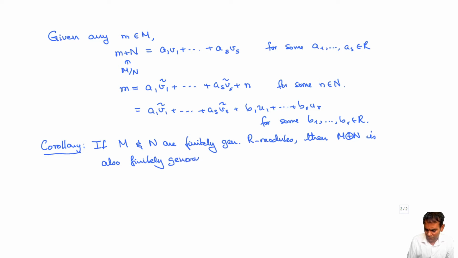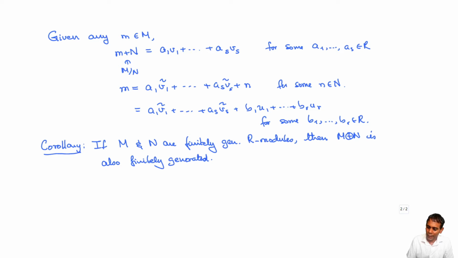Of course, this may be much easier to prove directly than as a corollary of the previous theorem. You could just take a generating set of M, a generating set of N, and take their union, and that would be a generating set of M direct sum N. But I'll just explain the proof using this.